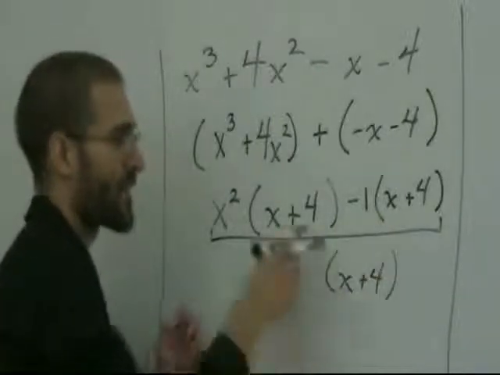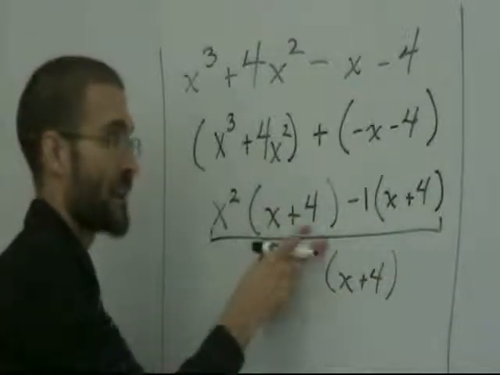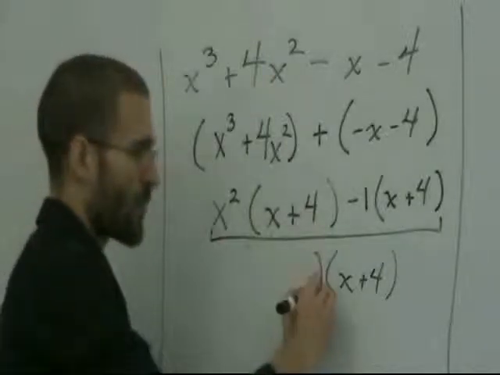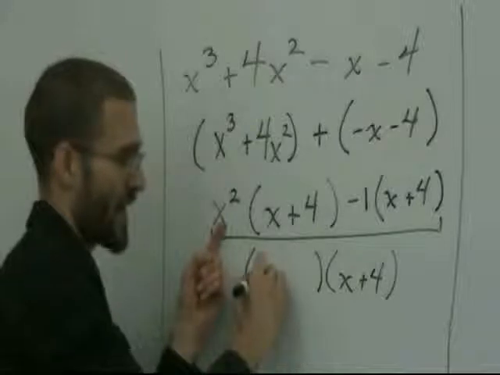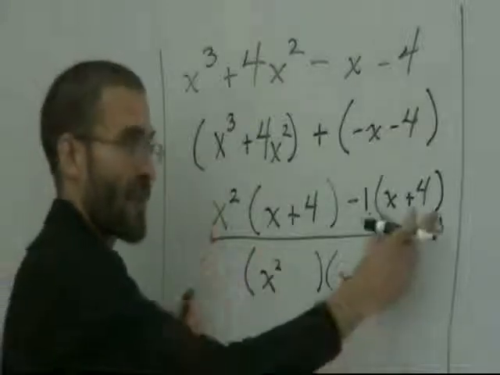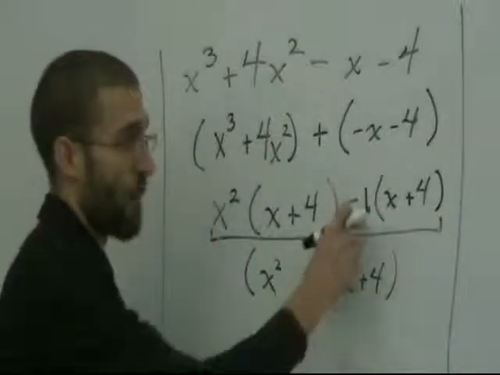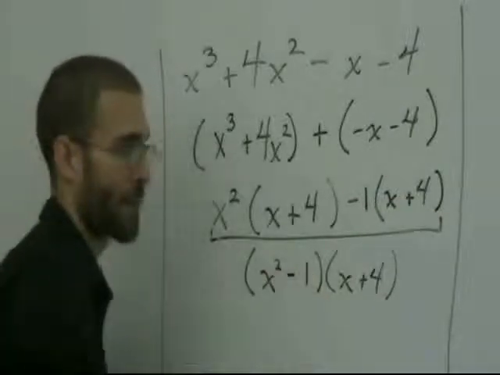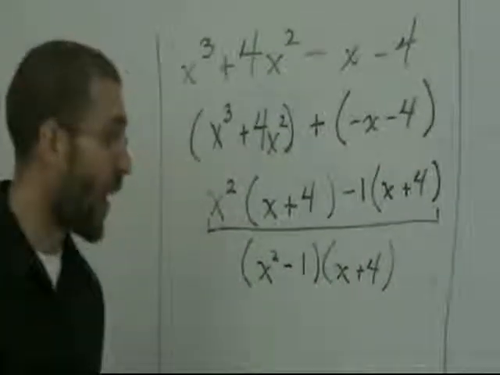Okay, so when I factor out the x plus 4 from the x squared times x plus 4, I will be left with, first of all, just x squared. But when I factor the x plus 4 from this minus 1 times x plus 4, I'll be left with a minus 1. And so we are almost done.